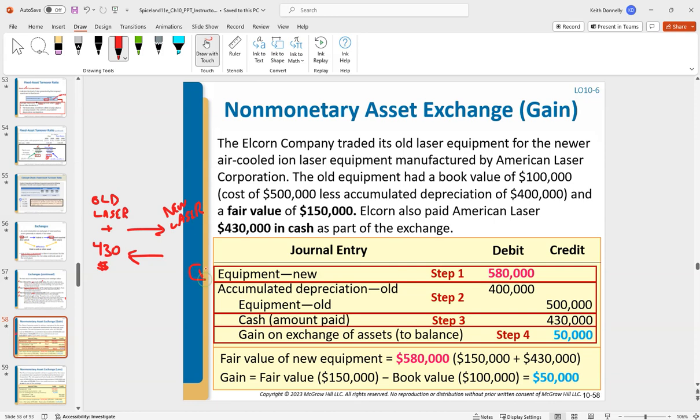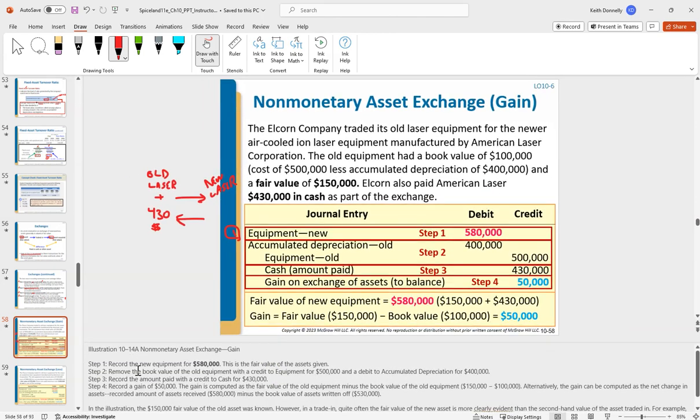Step 1, record the new equipment for 580. That's the fair value of the assets given. It says the fair value of 150 and 430 in cash, which gets you to 580.